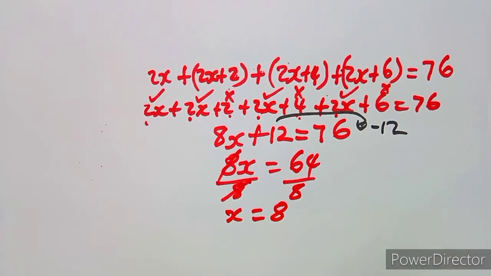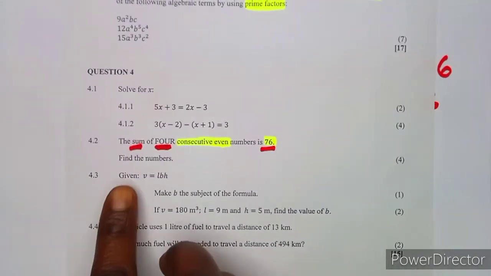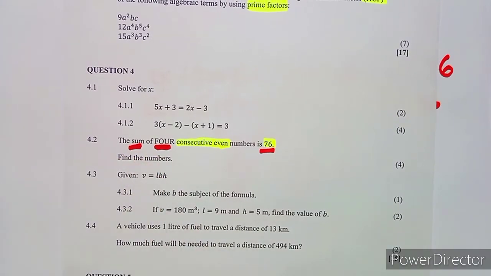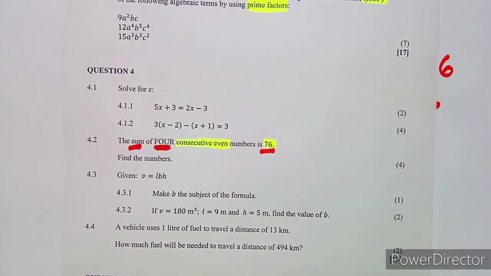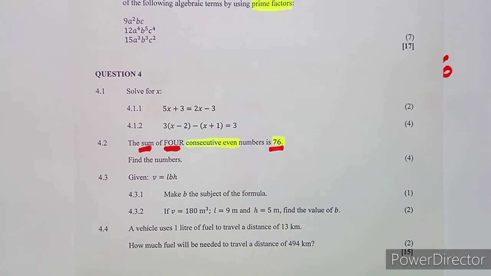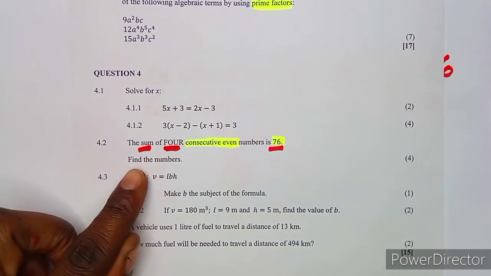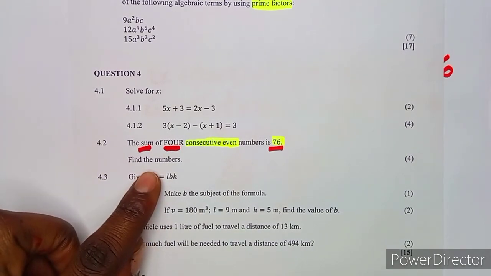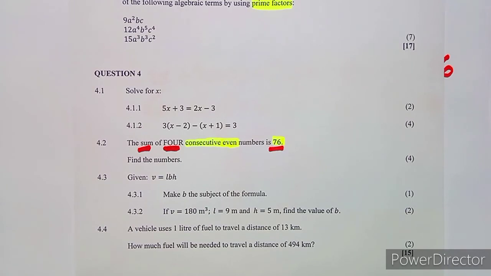All right, but the question was, guys, let's answer the question here. The question is, we are given the sum of 4 consecutive even terms, which is 76. But the question is, find the numbers, which means we have found the value of x.